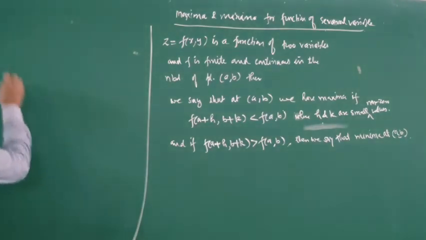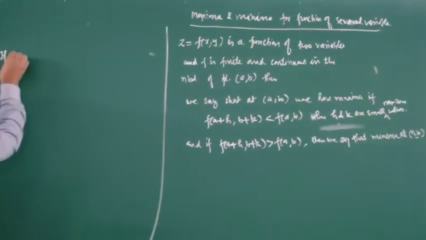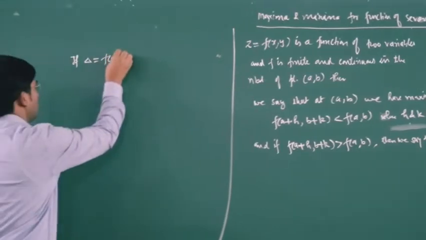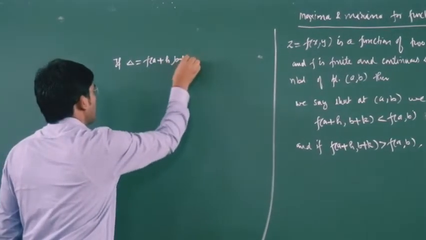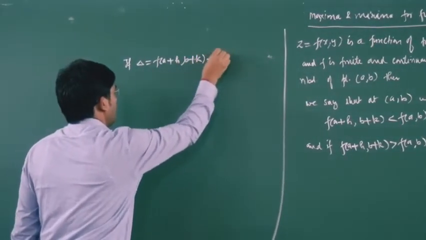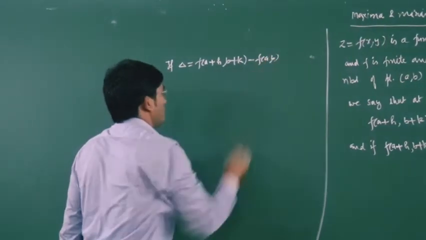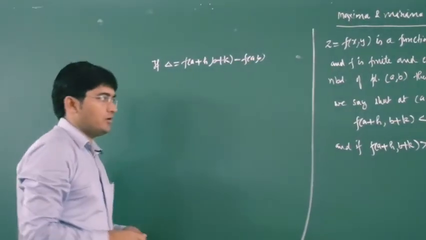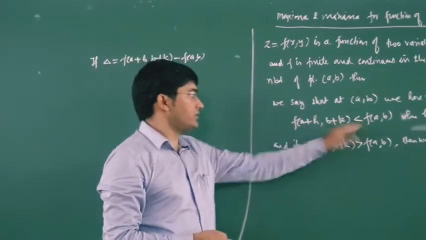Now suppose delta equal to f(a plus h, b plus k) minus f(a, b). Here you can see that f(a, b) is greater than this one.